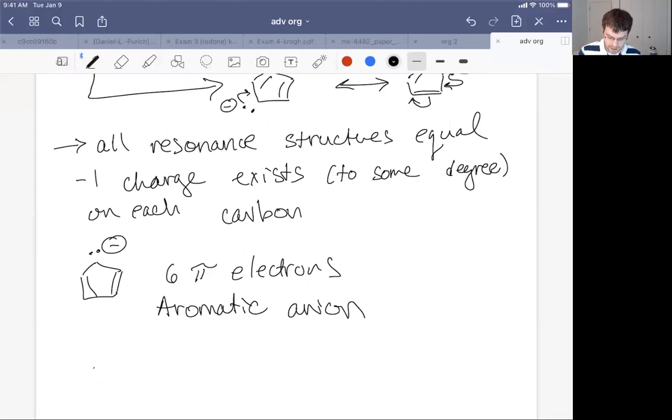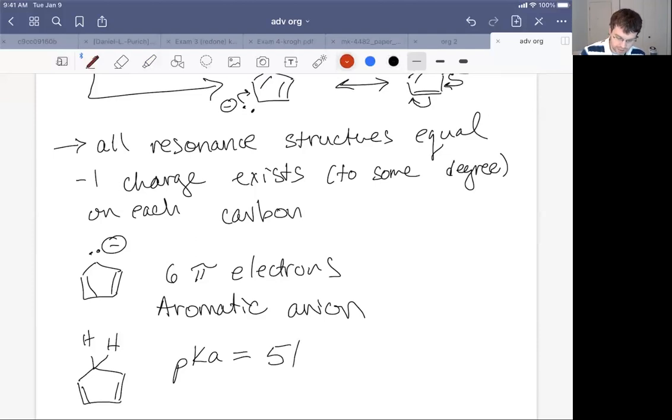So the pKa of this molecule is, well, a typical pKa, we're not going to do something in as much detail as what we would have done in quant, but a pKa for a typical carbon-hydrogen bond is about 51.